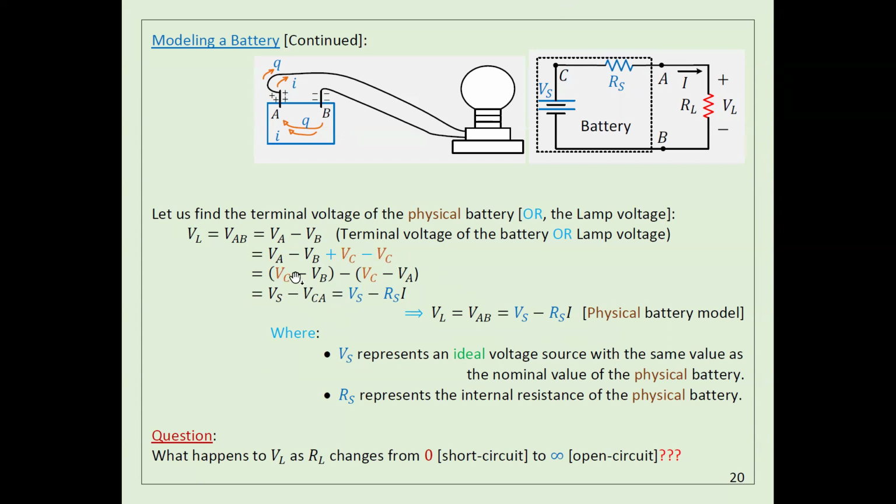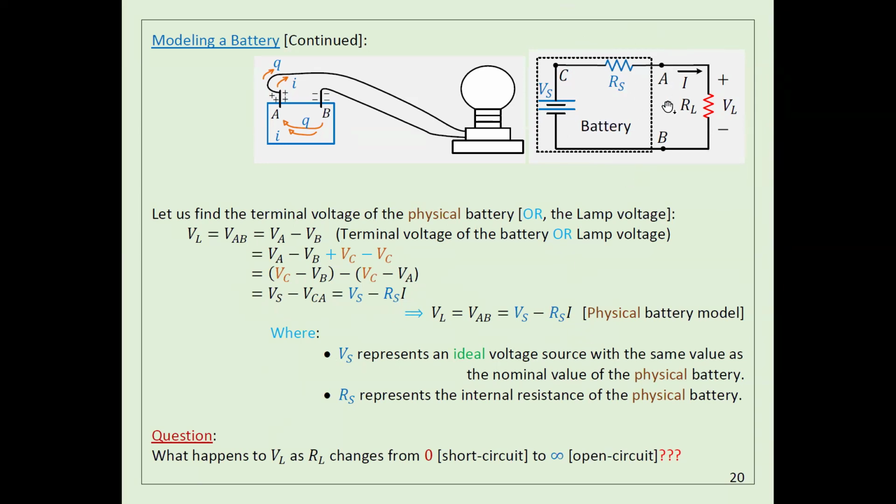So if you do it this way, the first part is VC minus VB, which is VS. And the second part is VC minus VA, which is the voltage drop across this one, which according to Ohm's law is the current I times RS.